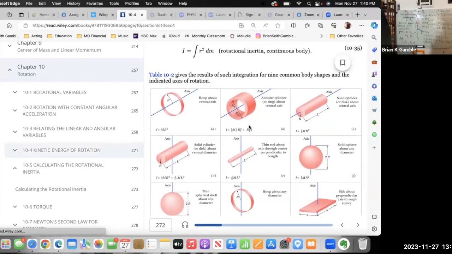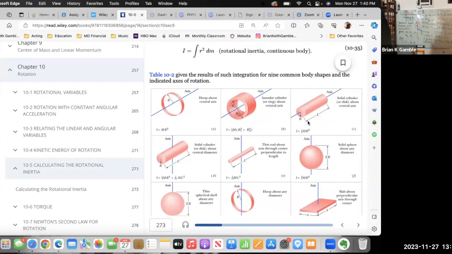A solid cylinder is going to be, this would be a shorter L and it would be like a disc, a solid cylinder. So that's actually, wow, I can't even see it. 1/2. And the vision is getting worse.